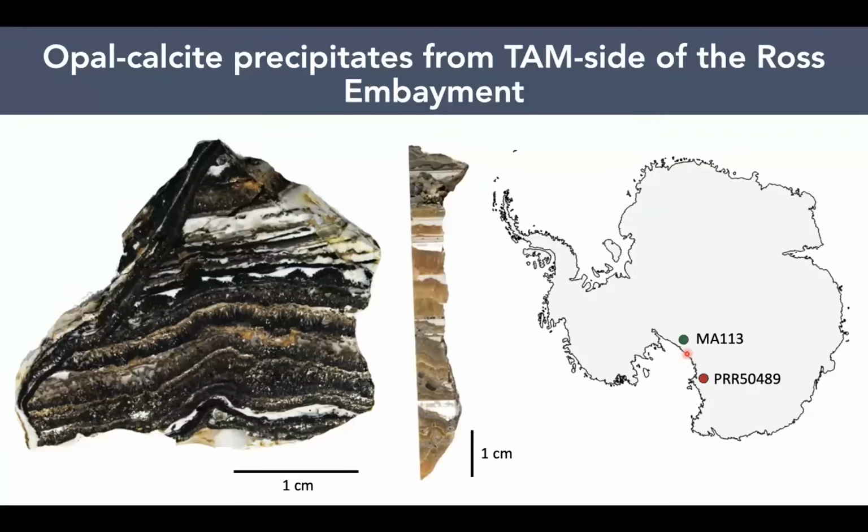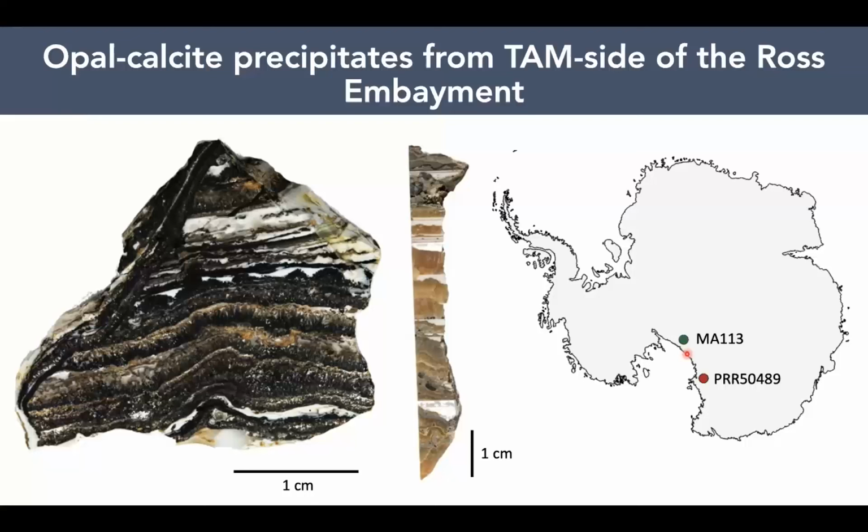These precipitates, for the most part, are found on supraglacial moraines where basal ice is plucking them off the bedrock and bringing them to the surface. They're probably not being transported over long periods of time or over long spatial regions. It's probably that they're just being plucked by the ice as the ice is moving in subsequent glaciations.